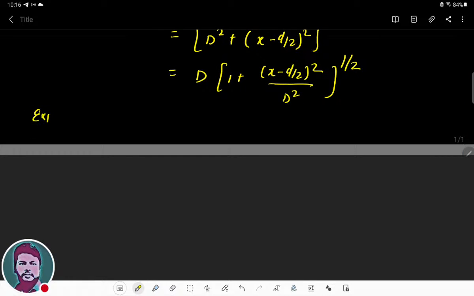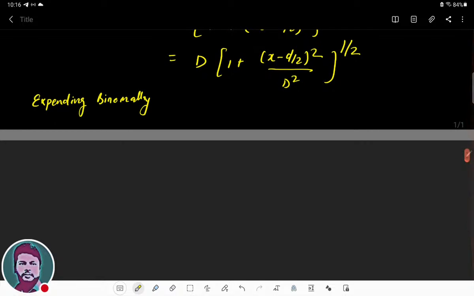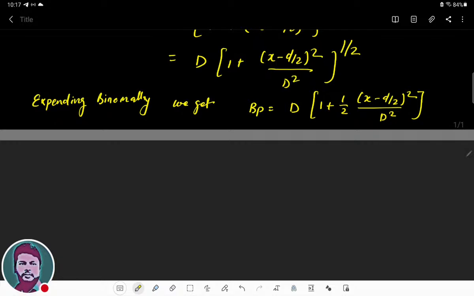Expanding binomially, we get AP is equal to d times 1 plus 1 by 2 times x minus d by 2 whole square upon d square. Let's assume this is equation 2.